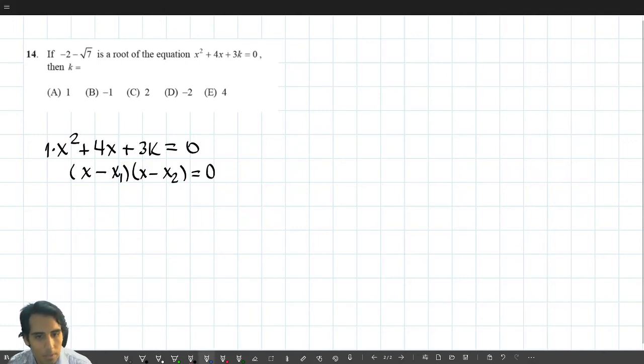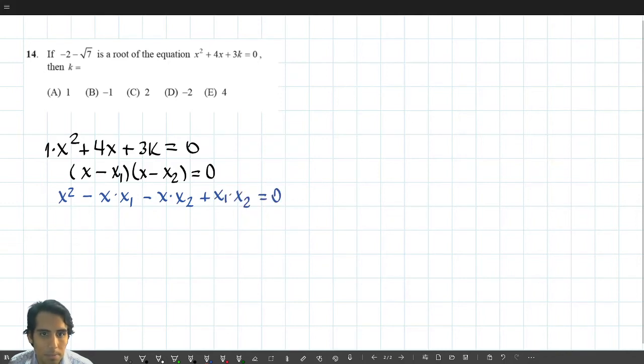So if we expand this multiplication, we have x squared minus x times x1 minus x times x2 plus x1 times x2.